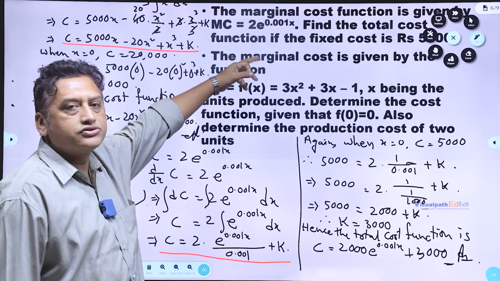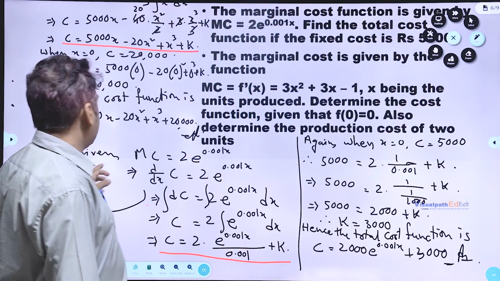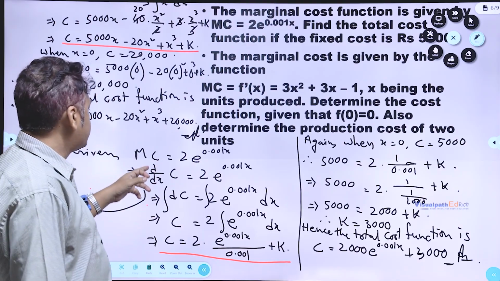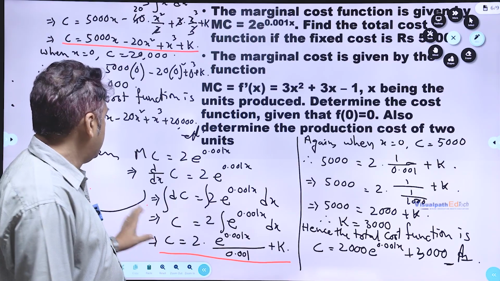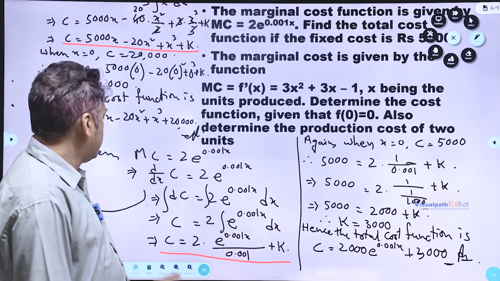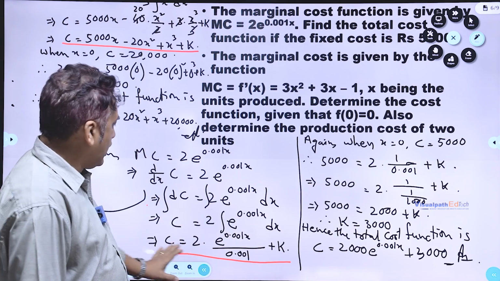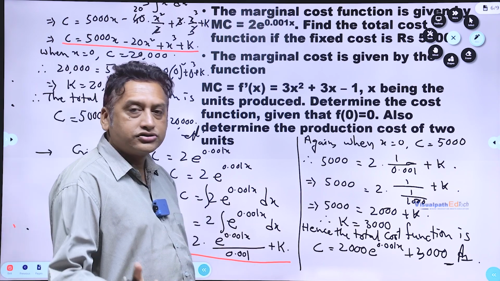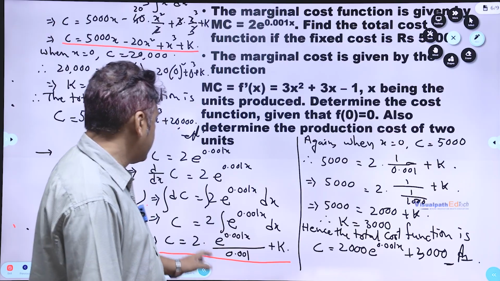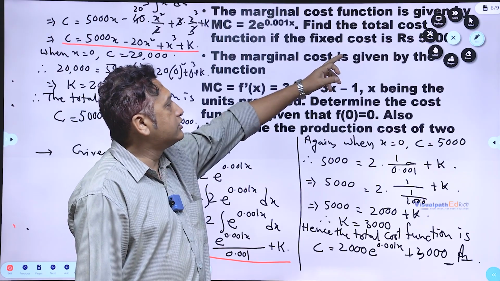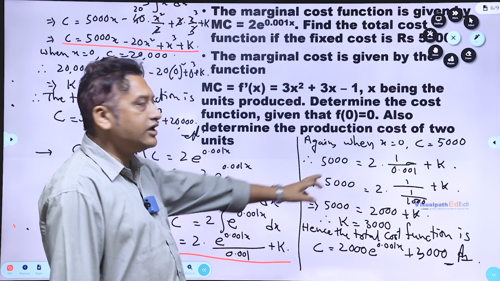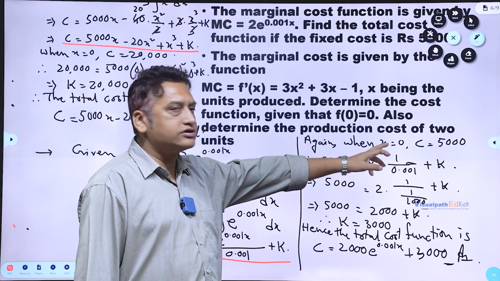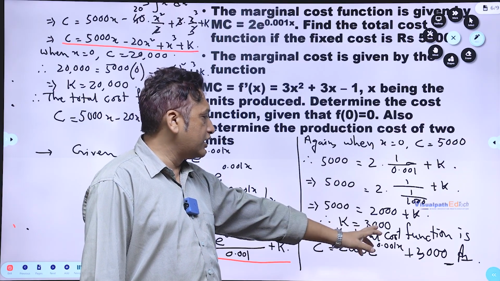So marginal cost was given to us. We took it as MC, and since we know MC is d/dx of C, from there we cross multiplied dx, and then we found out the integration. We got C, and when we did the integration, there is a constant of integration which will come by default. Then we applied the condition that the fixed cost is 5000. So we applied 5000 in C, x equal to 0, and we got the value of k. k is 3000.